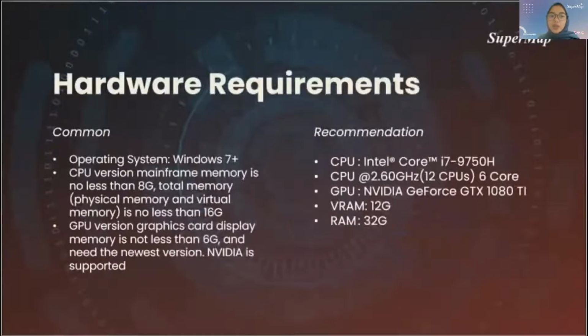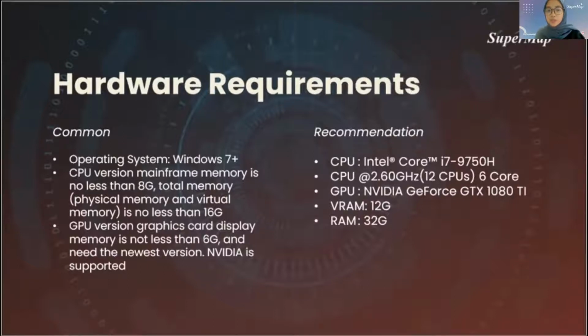And also, these are the hardware requirements. We have two different specifications. The first one is common and the second one is recommended. To achieve geospatial AI analysis using SuperMap, you are required to have a high-specification device because it involves a heavy rendering process.